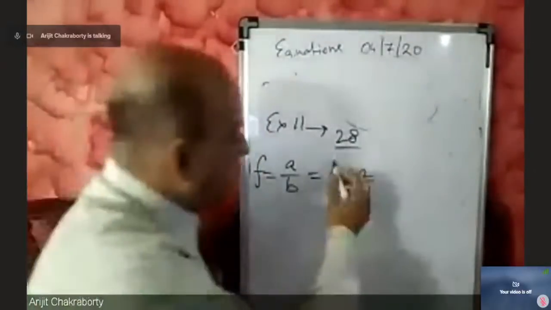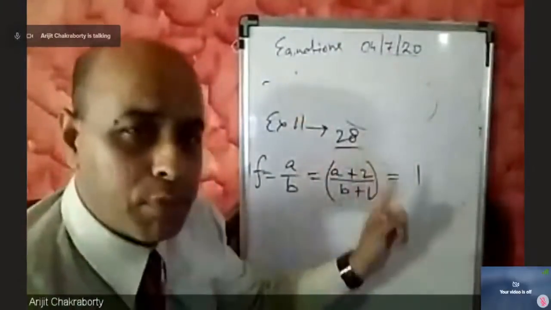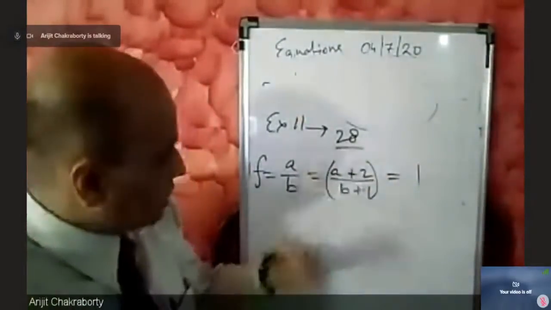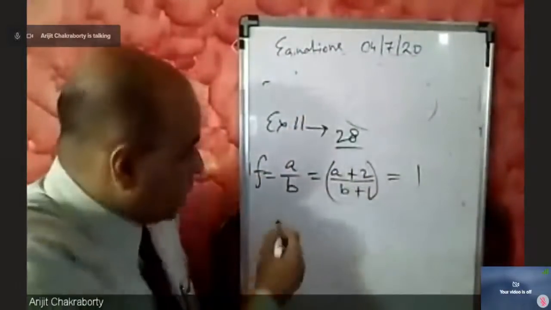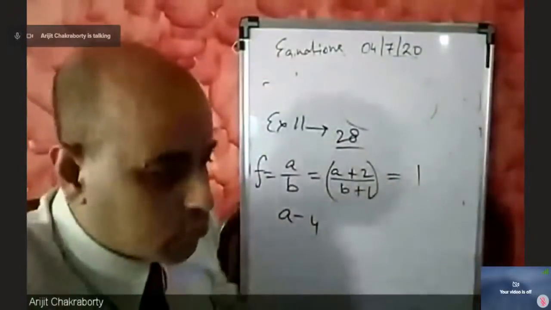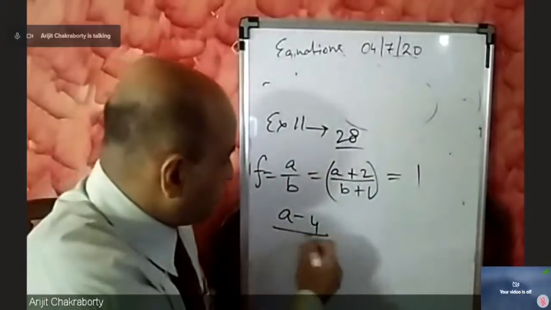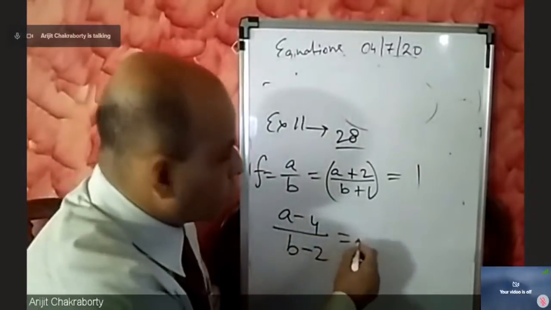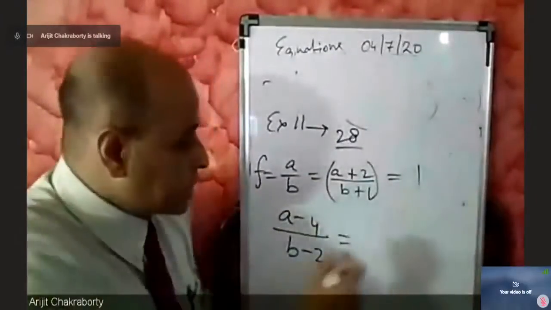Then this is becoming 1. First condition in the problem. Second condition, if the numerator is decreased by 4, so a minus 4, and the denominator b is decreased by 2, then the fraction becomes half, that is 1 by 2.